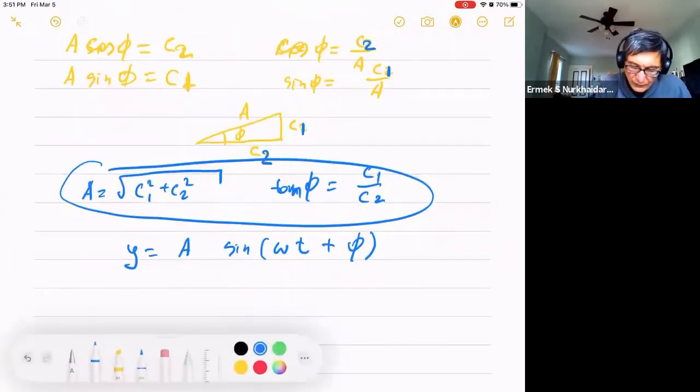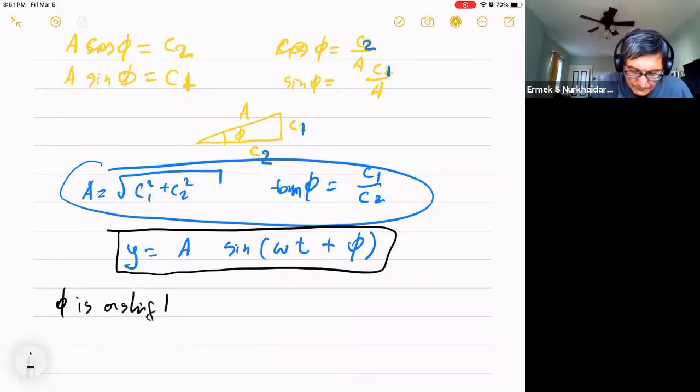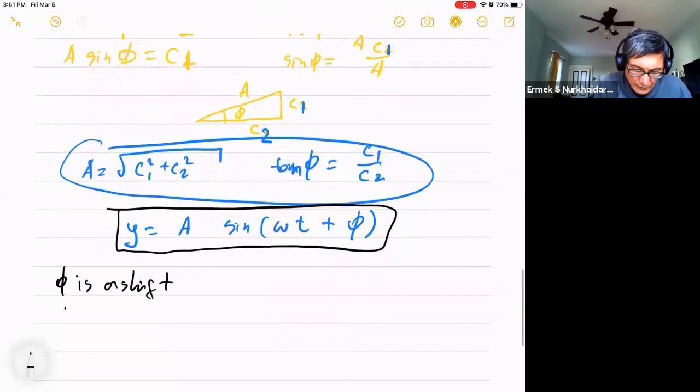And now I can do different interpretation of what is written here. If I look at the solution, then phi is a shift. I can definitely figure out what the period is. Period is going to be 2 pi divided by omega.